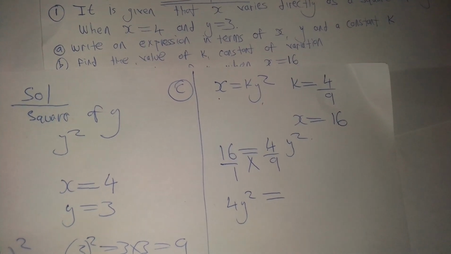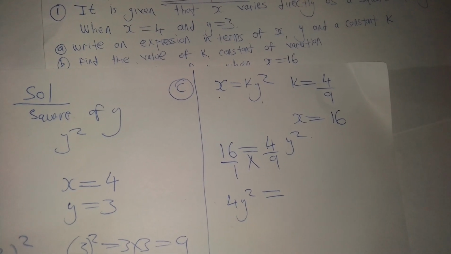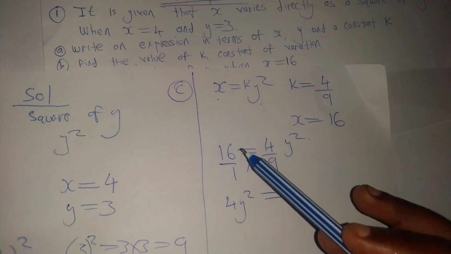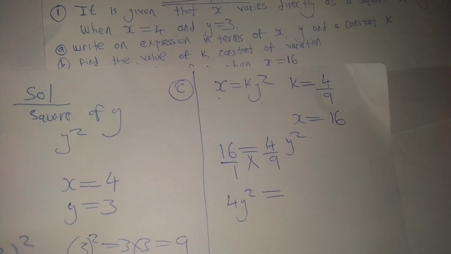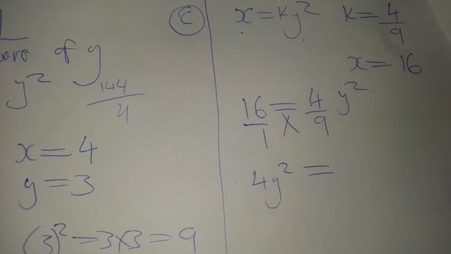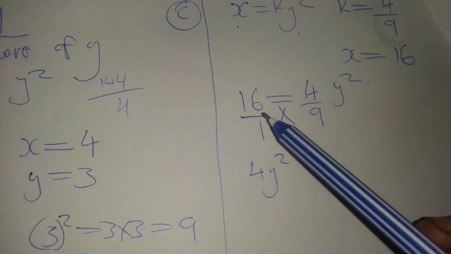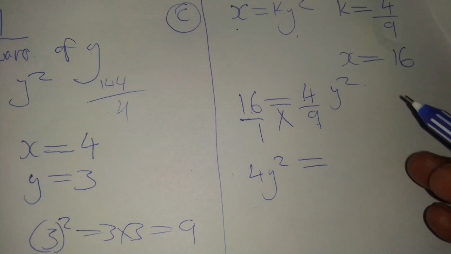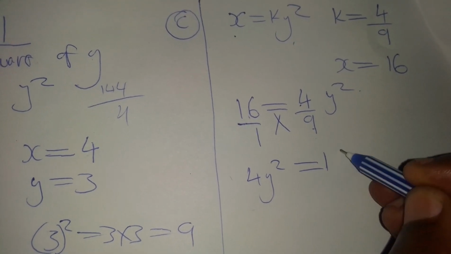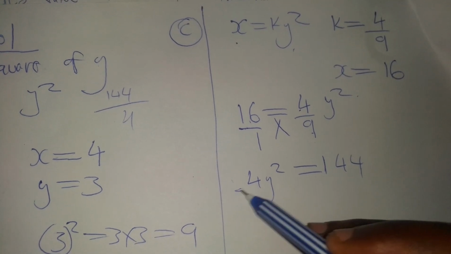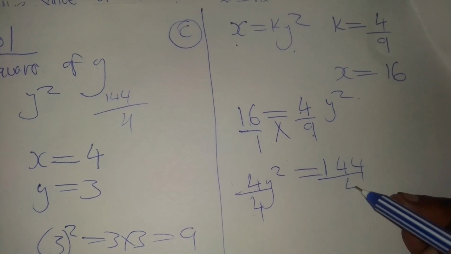So this is paper 1, you don't have to use a calculator. So what you have to do is multiply 16 times 9, and you get 144. From here we have to find y power 2. We say over 4, over 4.